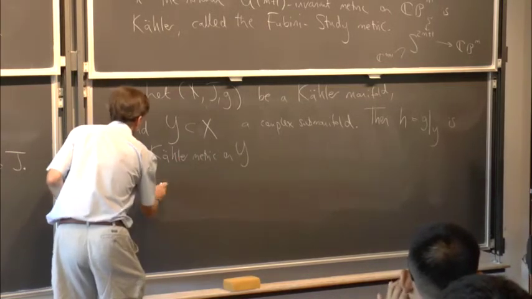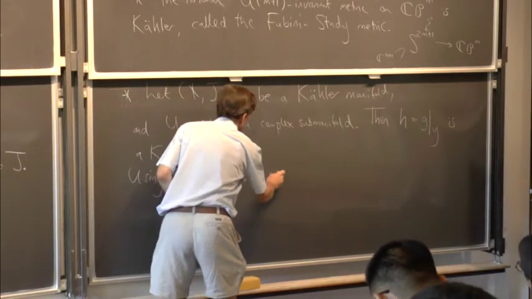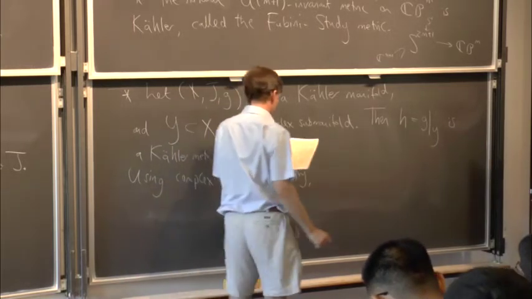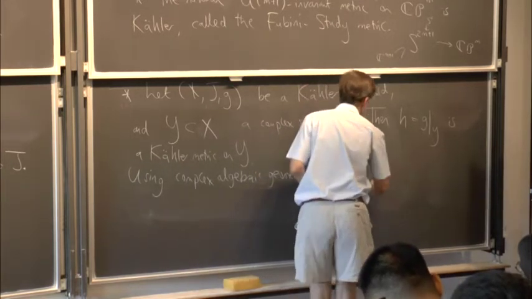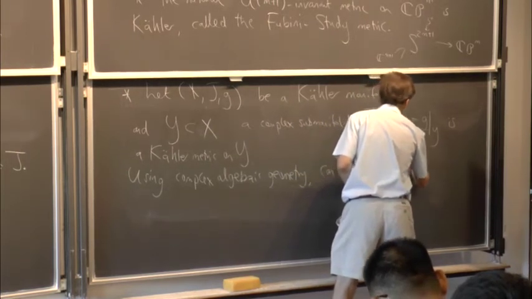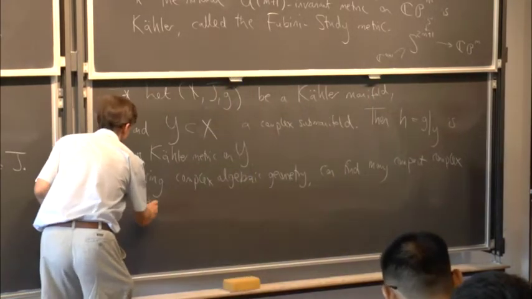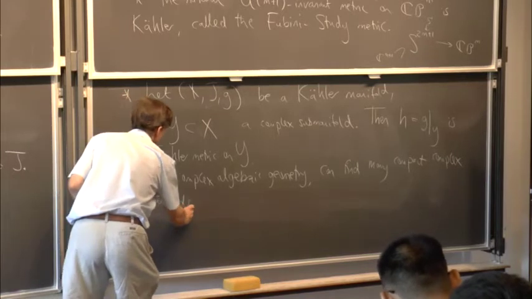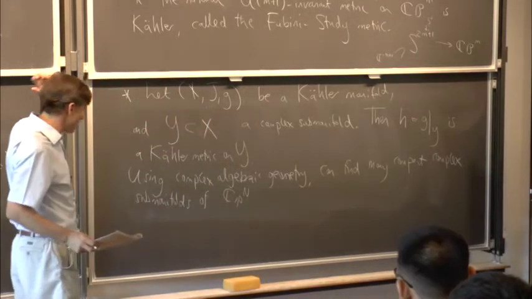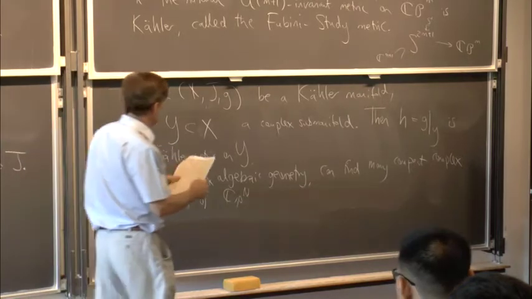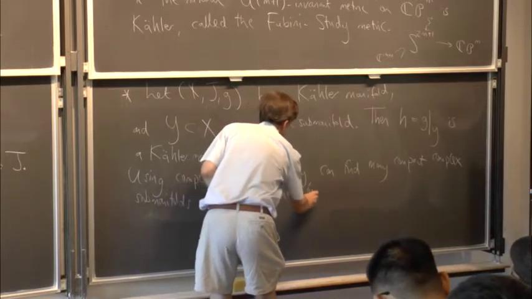If we use complex algebraic geometry, we can find lots and lots of complex submanifolds of complex projective spaces CP^N, where usually you think about the ambient dimension N as being large, and these complex submanifolds are called projective complex manifolds.